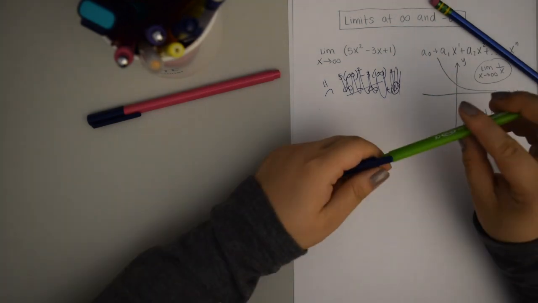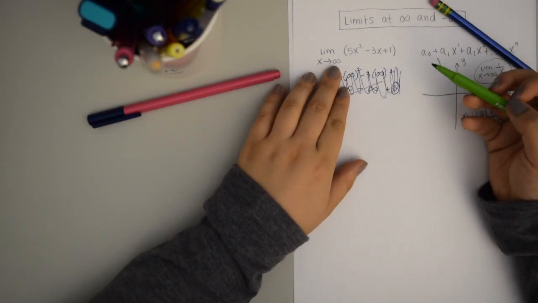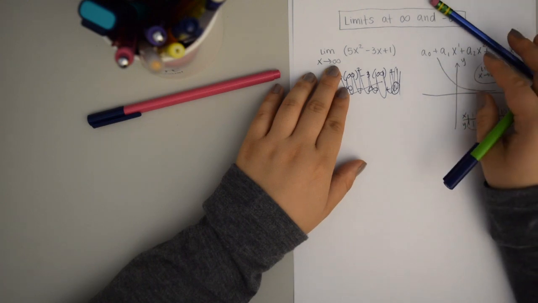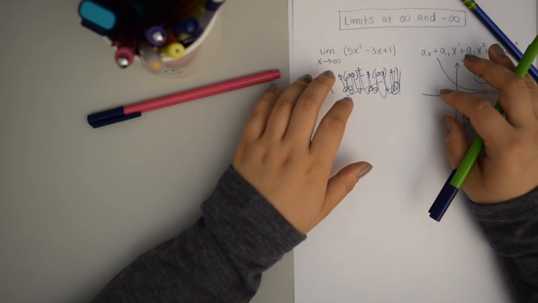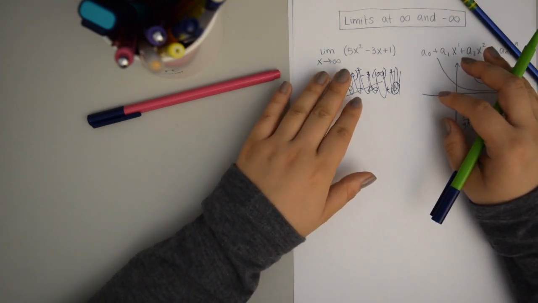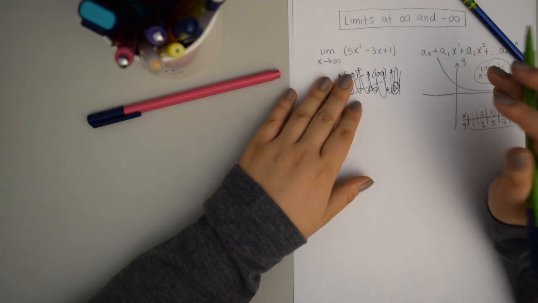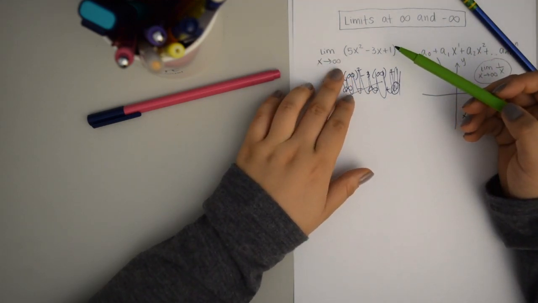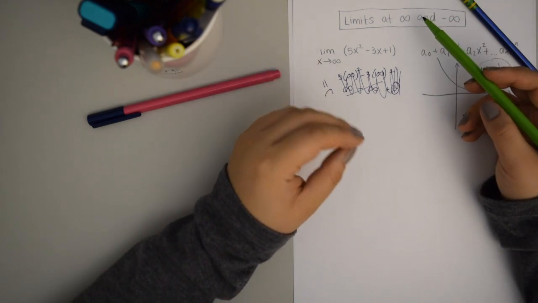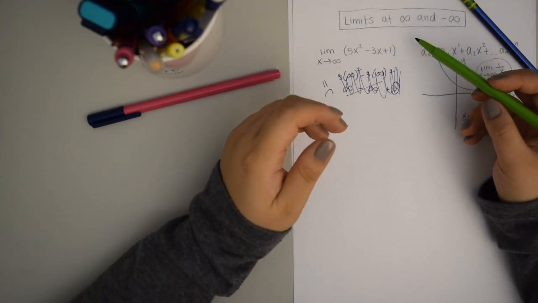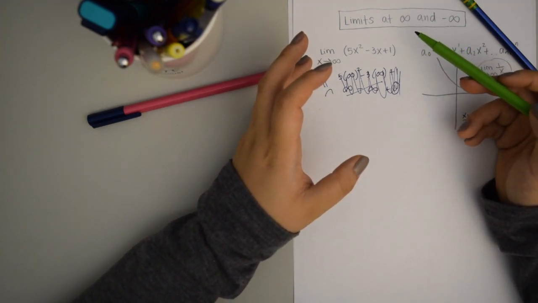So if x is really, really big, remember, infinity is not a number, and that's the main difference between finding limits as x approaches infinity and as x approaches a specific number. But we can think about 1 with a bazillion, gazillion, trillion zeros after it.